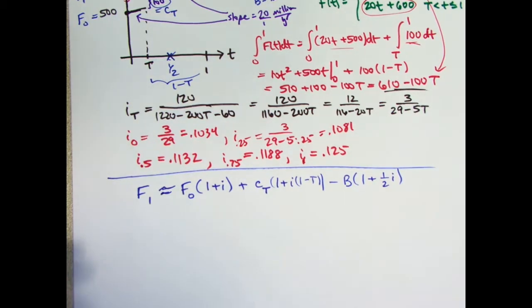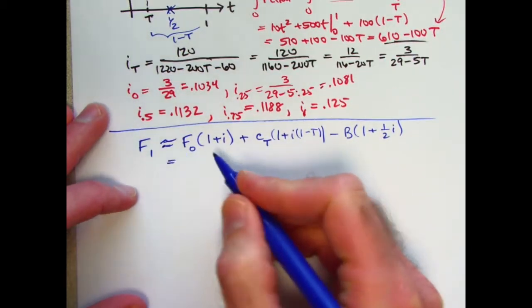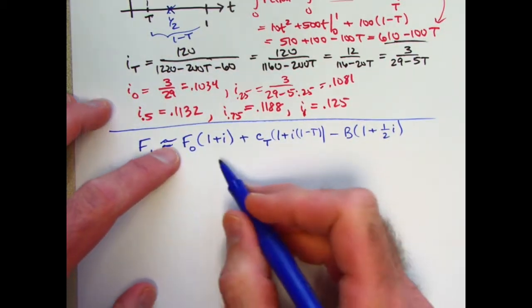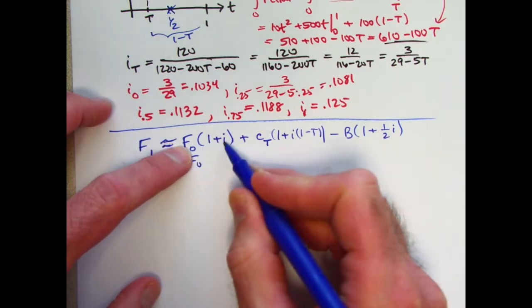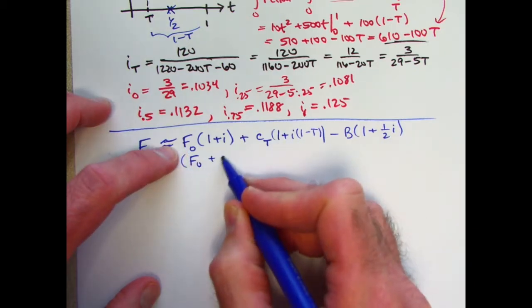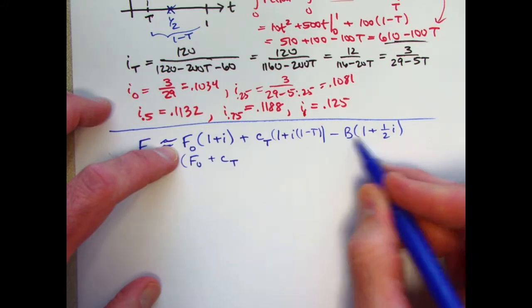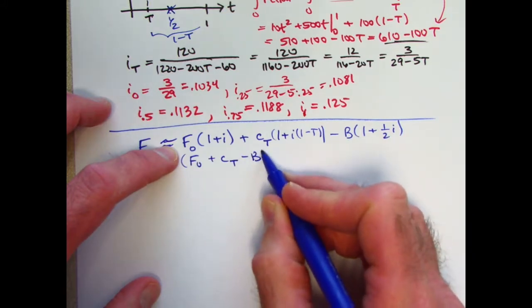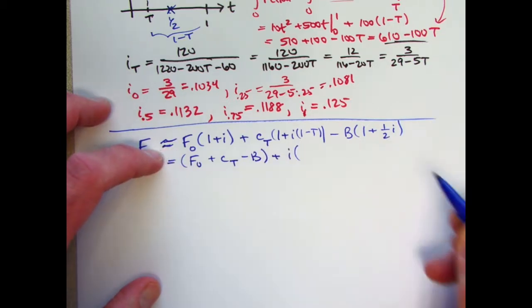All right, let's go ahead and simplify the right-hand side here, and then let's solve for i. So I can figure out the terms that don't involve i first. There would be an F0. F0 times i does involve an i. With the CT getting distributed through here, only the times 1 does not involve an i. And with the B here distributed through, I get a minus B right there. So those are the terms that do not involve an i. Then I have plus i times the terms that do involve an i.